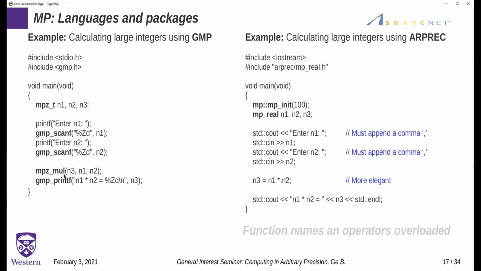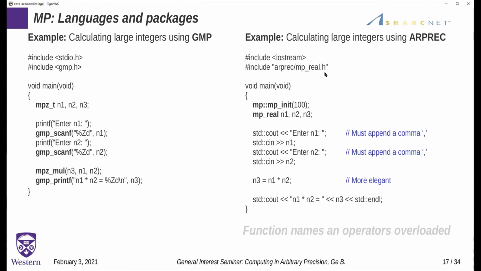Now, notice here, the arithmetic operations are no longer available as operators. In other words, the operators are not overloaded. Of course, that's because in C, the operators cannot be overloaded. And you have to use the operations defined in GMP. For example, mul, add, sub for multiplication, addition, subtraction, and so on and so forth. So using GMP, then you can do large integer operations. Because this is multi-precision or arbitrary precision, you can do arbitrary precision operations.